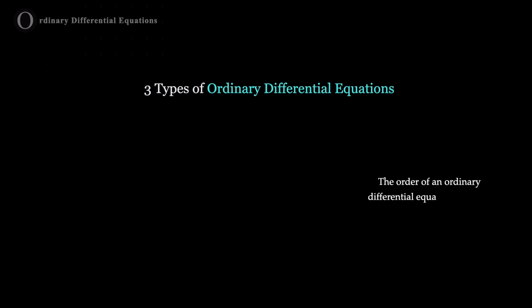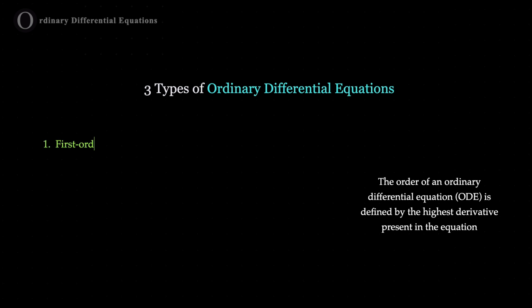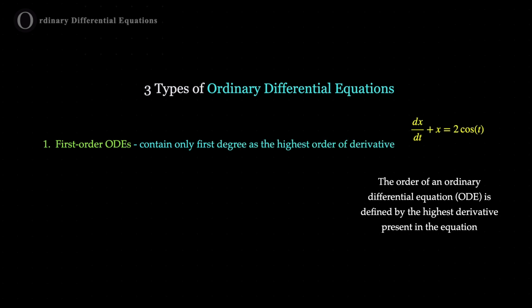ODEs can be classified based on their order and linearity. Let's first cover the order of an ODE. The order of an ODE is determined by the highest derivative in the equation. First order ODEs contain only first derivatives, like the cooling example that we saw earlier.